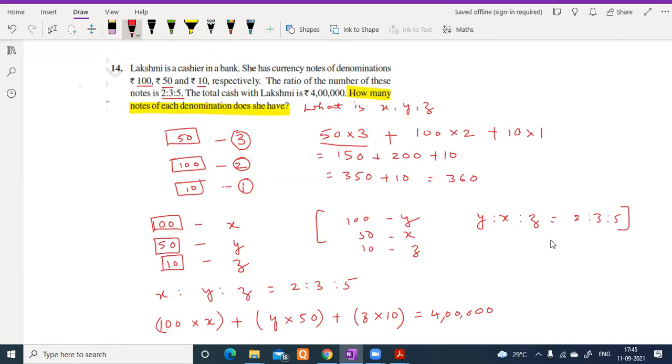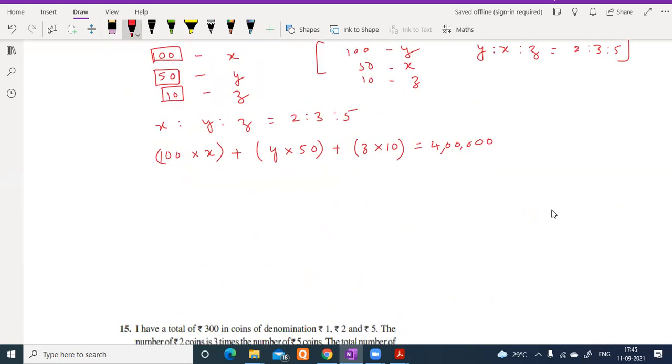So whatever English sentences are there, we have put it down as mathematical equations. So now let's proceed with solving what they are and how many notes of each you are having currently in your pocket. Okay, so let us put the equation numbers. Let us put this as equation 1 and equation 2.